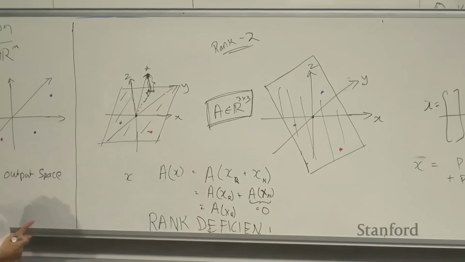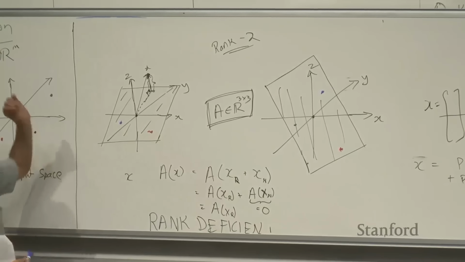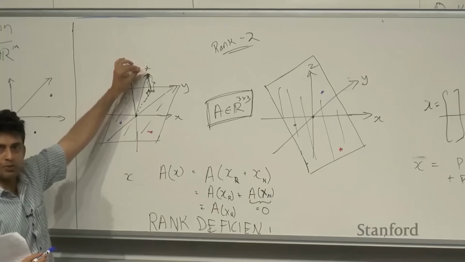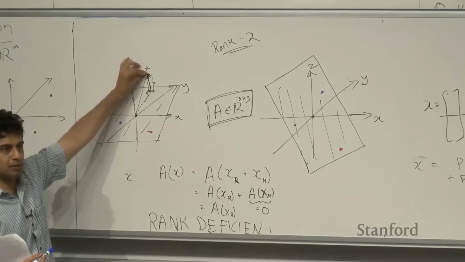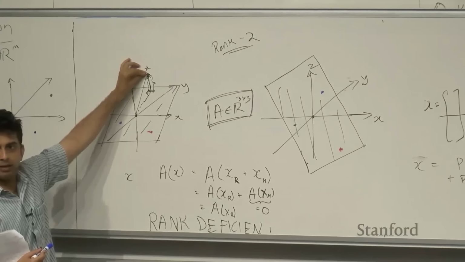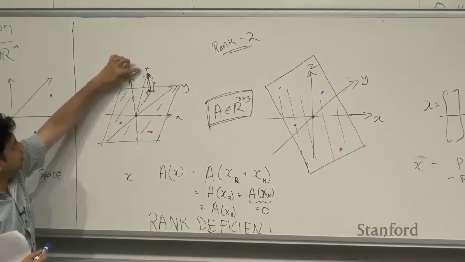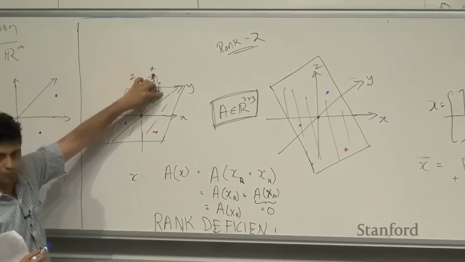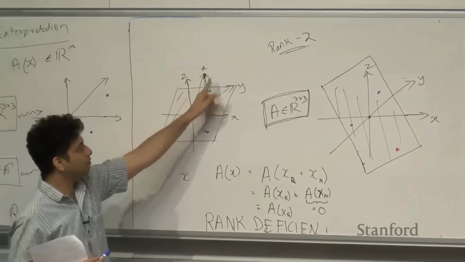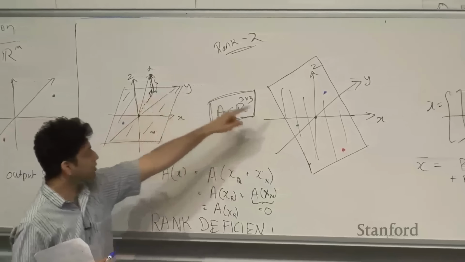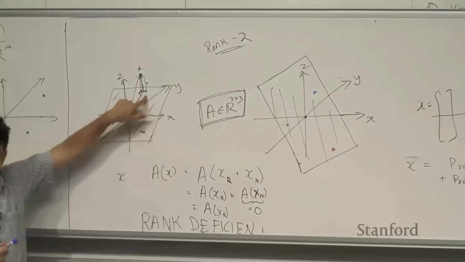So the operation you want to think in your mind is, given any point in the input space which may or may not lie in the row space, when you multiply it with A, effectively you project that point onto the row space and find the corresponding output of that projection.